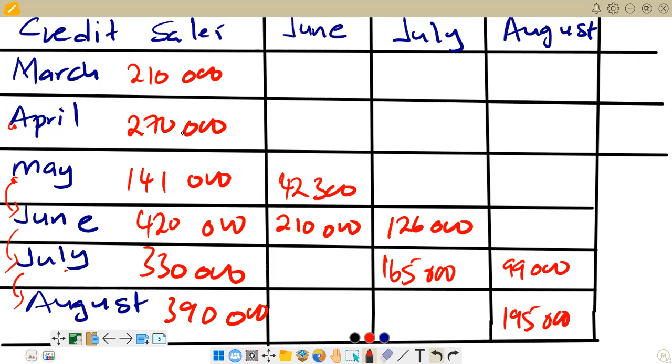So we are saying 270,000, then we multiply by 15%, which is 0.15. 270,000 times 0.15, then we get 40,500 for June. 40,500. Then we go to the next one. It means 15% of May will be received two months after, 1, 2, in July.